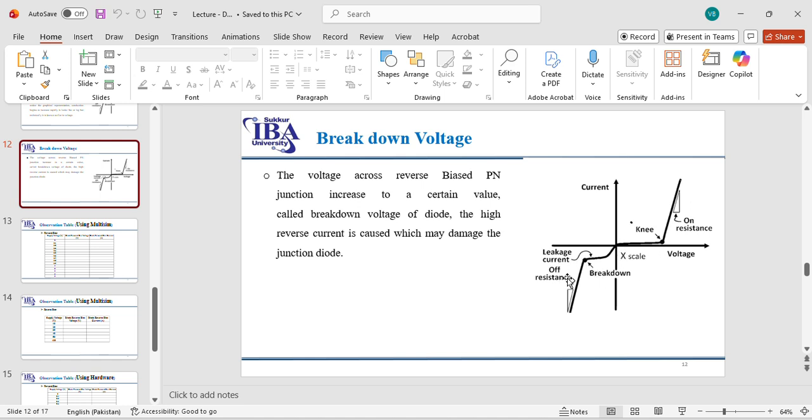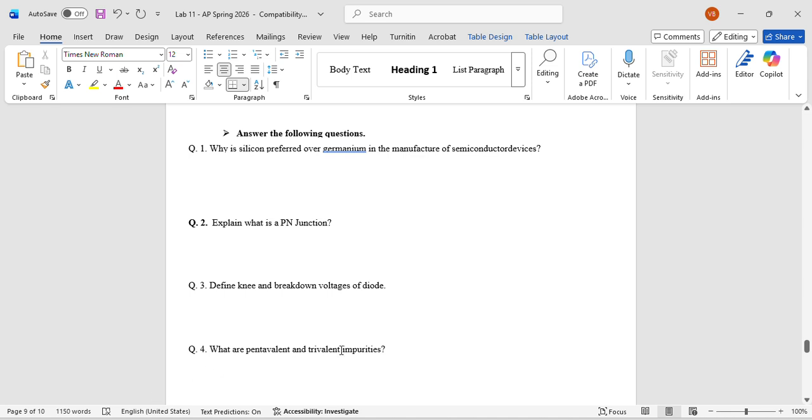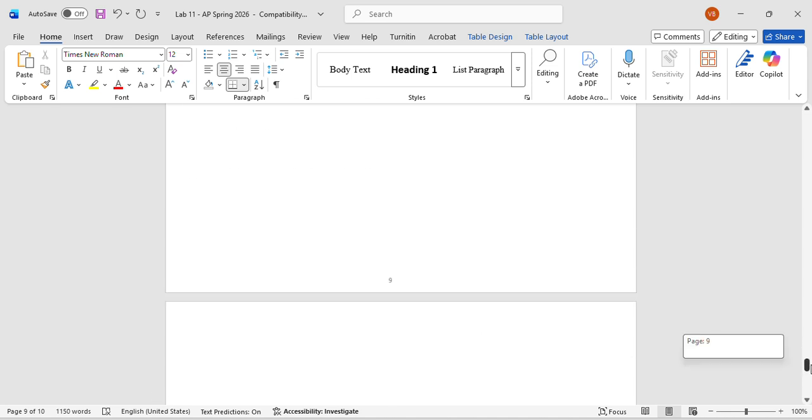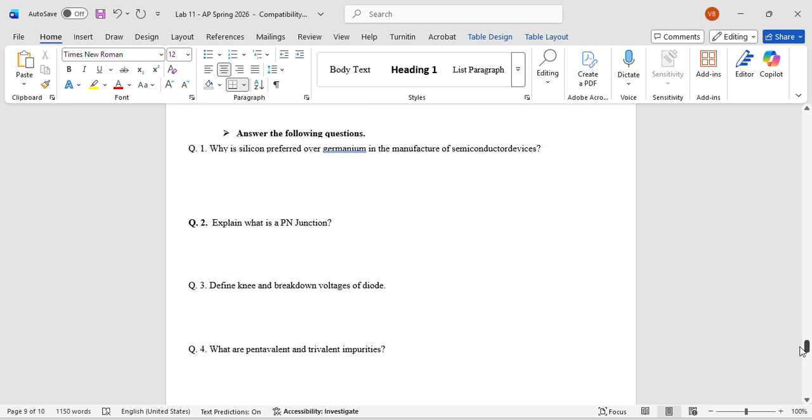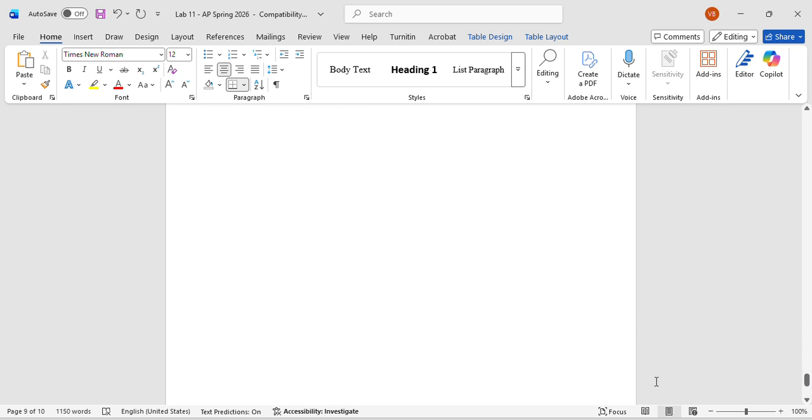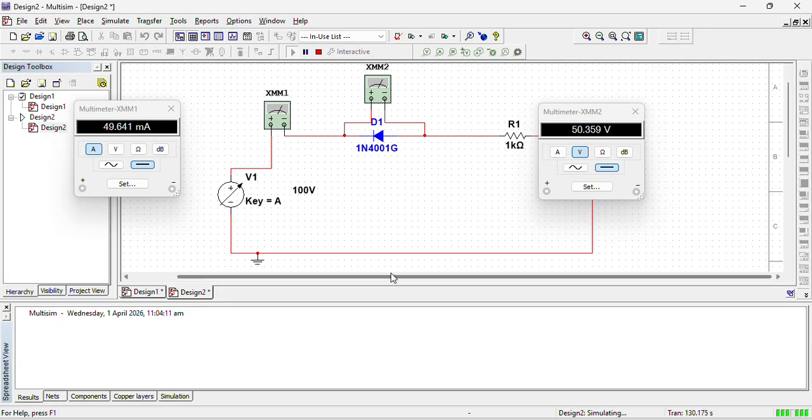This is breakdown voltage in reverse bias, the point where it breaks down. And what are pentavalent and trivalent impurities? These are just for repetition purposes. With this, we complete this lab. Further, we will continue it in our hardware setup.